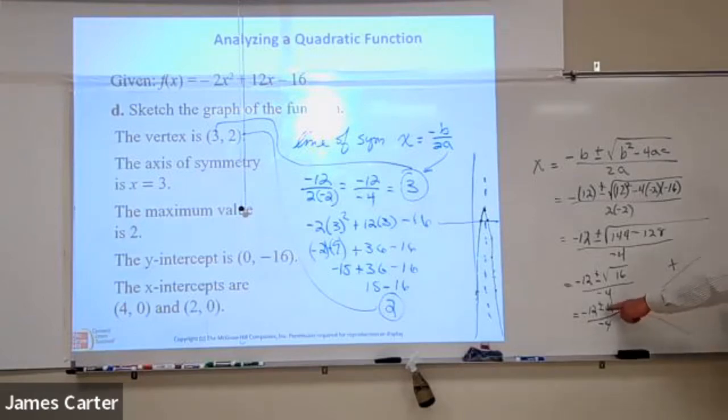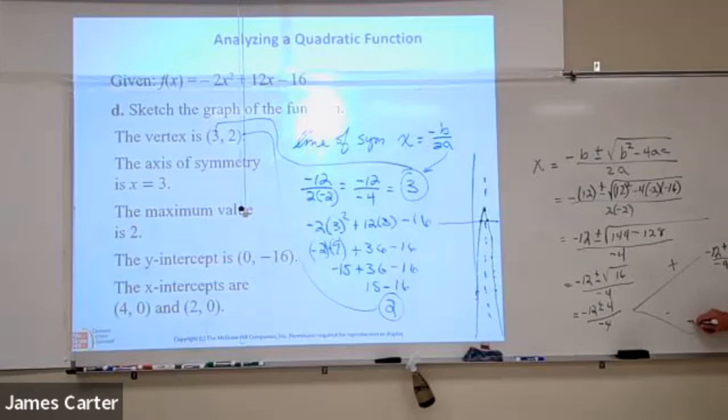Okay, so negative 12 plus 4 over negative 4 equals negative 8 over negative 4 equals positive 2.